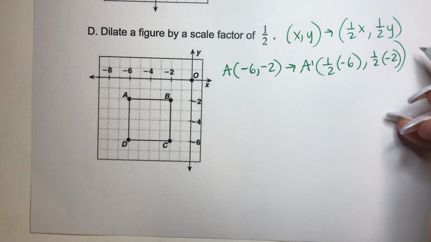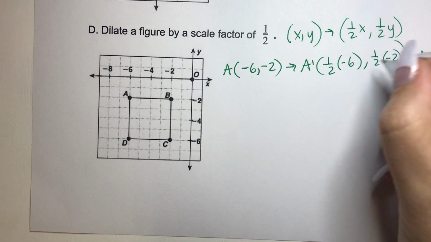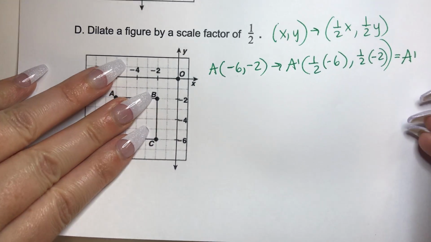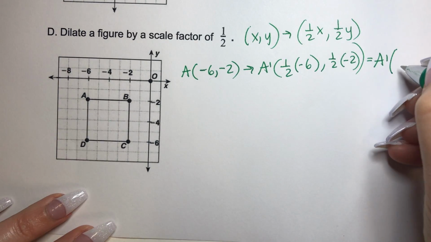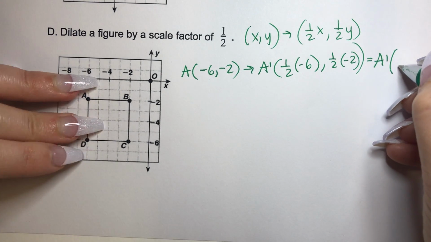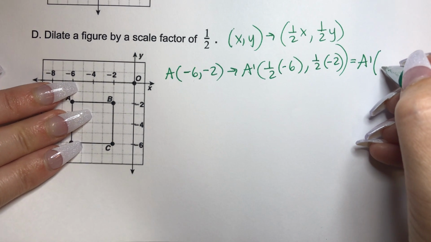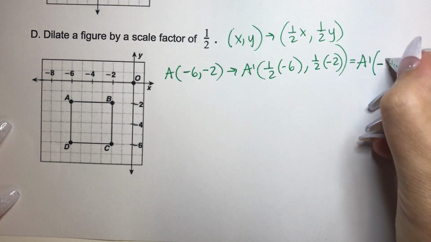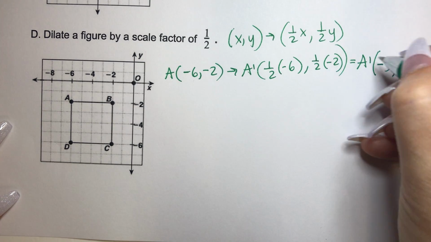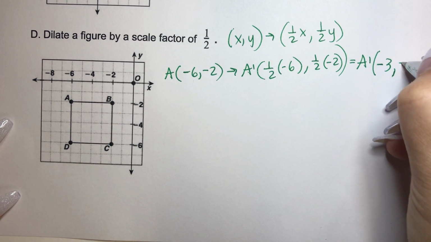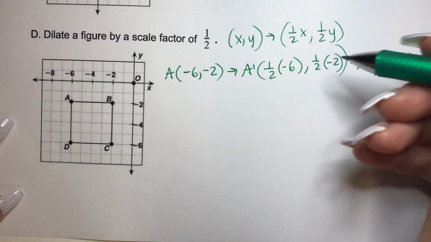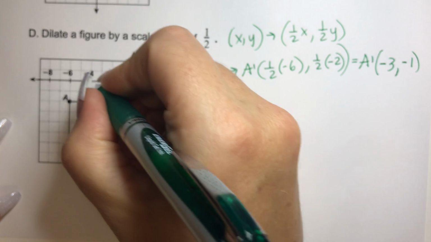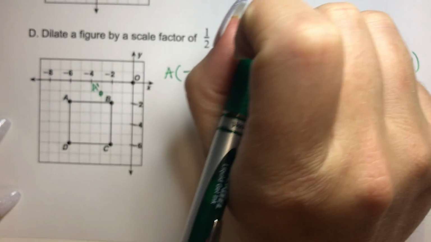Okay, so when we do that, half of negative 6 is negative 3, and 1/2 of negative 2 would be negative 1. So that's our A prime, negative 3, negative 1. A prime.